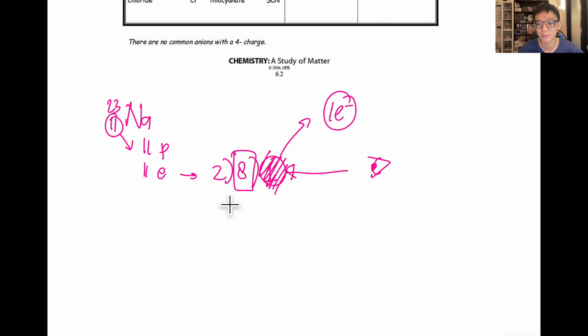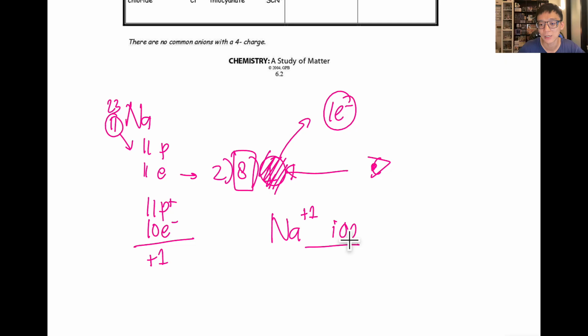And then sodium will be very happy, I suppose. Now since sodium has 11 protons and 10 electrons, the overall charge will be +1, because protons give a positive charge. So in this case, we have the sodium +1 ion.